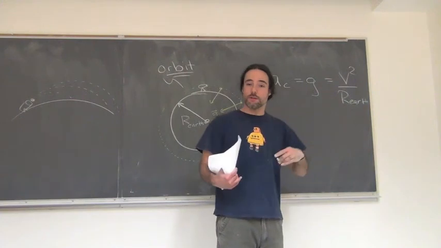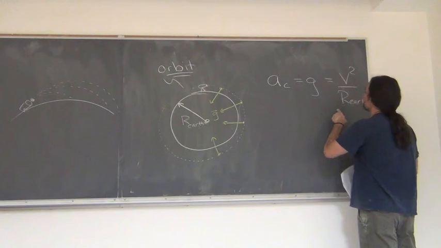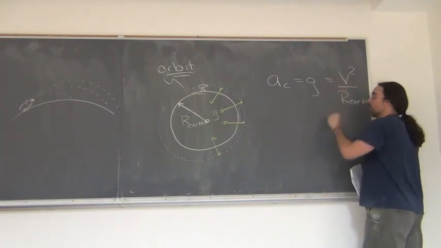Okay, so if you were the Flash, you should be able to do this if you run really, really quickly. Let's solve for v. I'm just going to move the radius of the Earth over to the other side and take the square root.